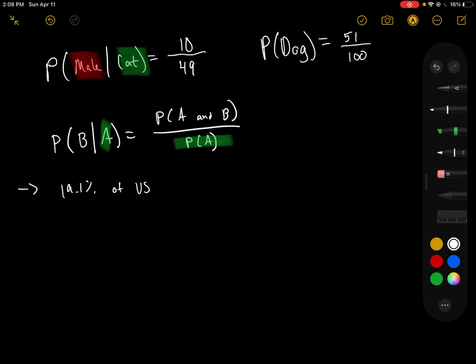So we can take a written example. 19.1% of the US lives in the Northeast. 4.4% of the US earns more than $75,000 and are in the Northeast.